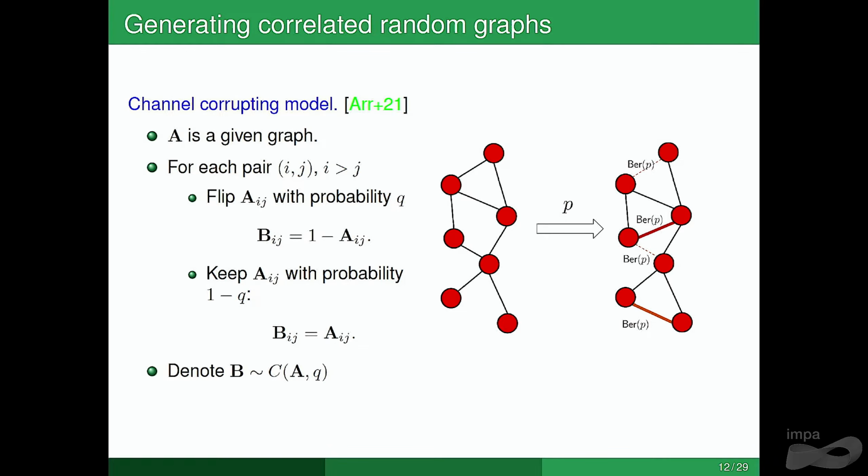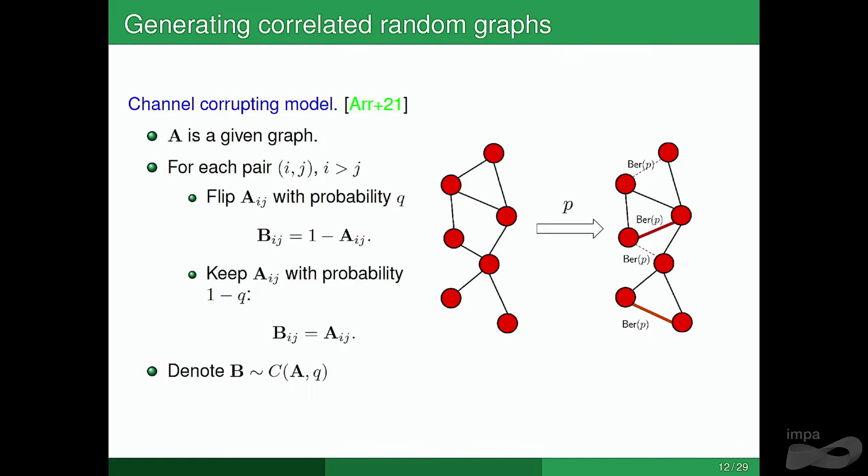So here you can see that when q is equal to 0, we're basically preserving the same graph because B and A are going to be the same. So this is the case of perfect correlation and the graph isomorphism problem. When q is equal to 1/2, we get a completely independent graph, in the sense that all of these edges are going to be just Bernoulli random variables with probability 1/2.